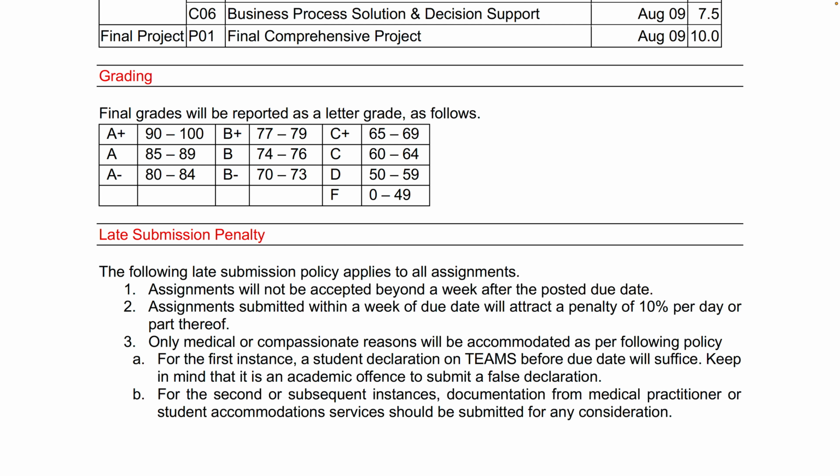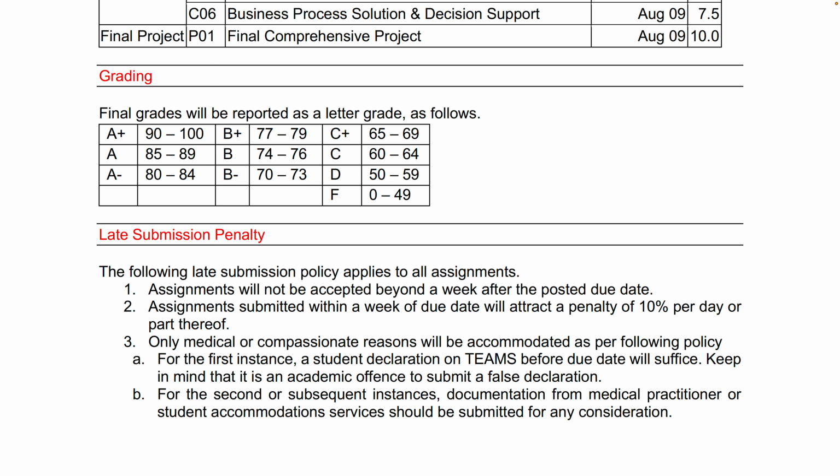But if you are running late, there would be late submission penalties. A delay of up to 1 week after the scheduled date is allowed, and for every day or part thereof, there will be a 10% penalty.